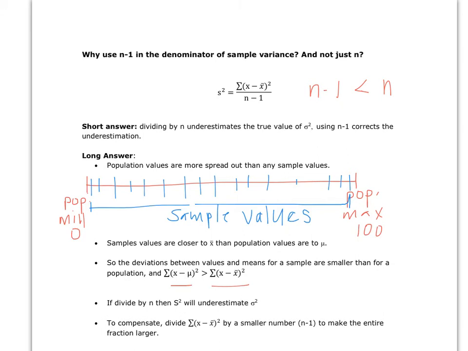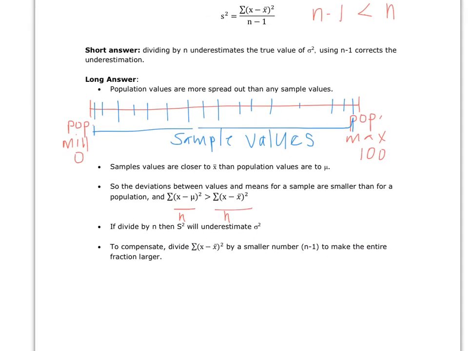Okay, so if we divide just by n, we take something that's larger than the other, and we divide them both by the same thing, well, they're going to have the same relationship again. So if we divide both of these by n, we're still going to have that the population side is going to be greater than the sample side.